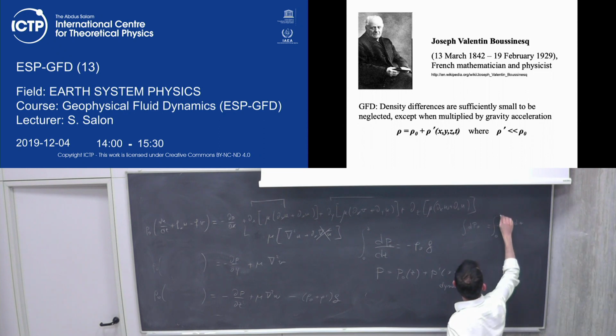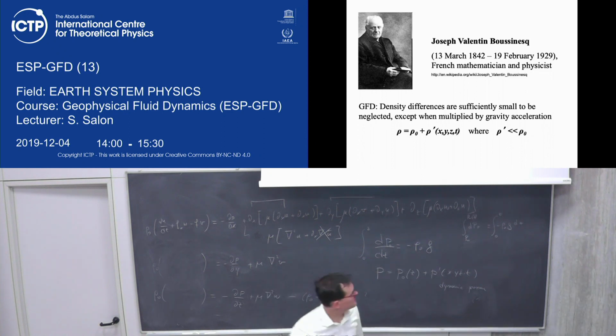So this is between 0 and z, and this is between a certain capital P0 and the value of the hydrostatic pressure at a certain height z. Okay?